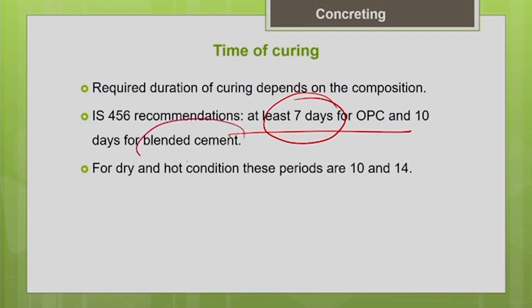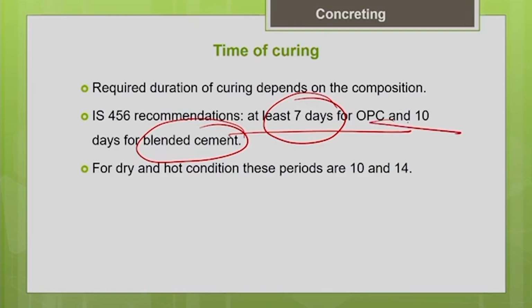But if you go for blended cements, where we use fly ash or slag as a replacement for the cement, you know that for these pozzolanic materials like fly ash or slag, the hydration process will be very slow. Since the hydration process occurs in a delayed manner, to facilitate the hydration process or the pozzolanic reaction, we should continue the curing for even 10 days if you are going for blended cements.